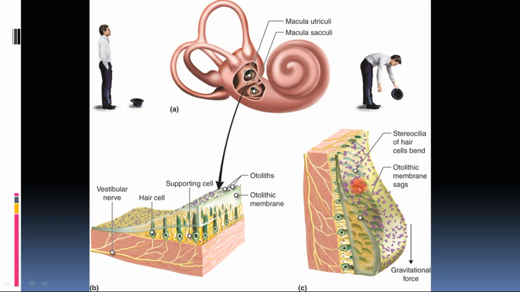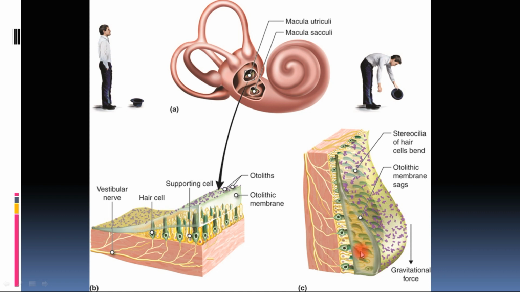As you can see, when the person bends, because of the greater specific gravity of the otolith or statoconia, it goes down because of the gravitational force, taking the otolith membrane or gelatinous layer with it, and thus bending the cilia which is projecting in the gelatinous membrane.